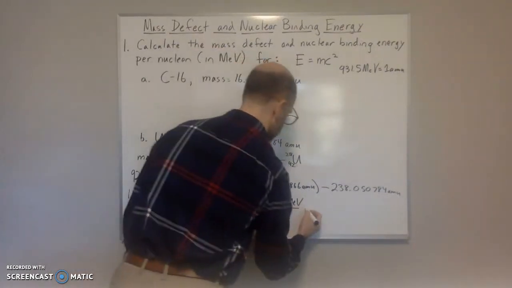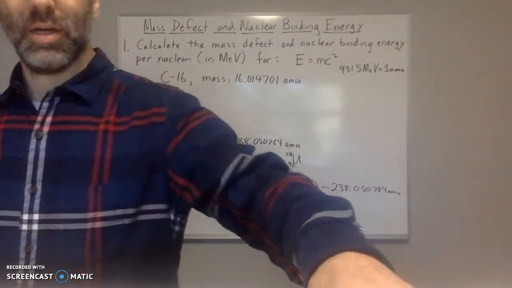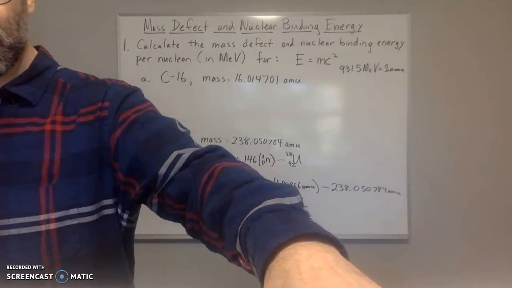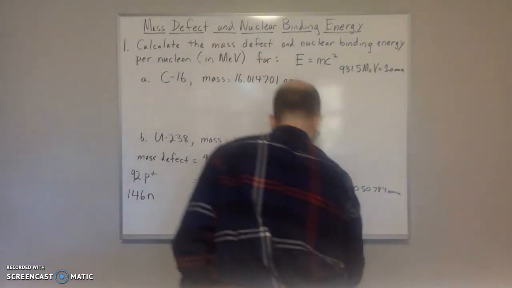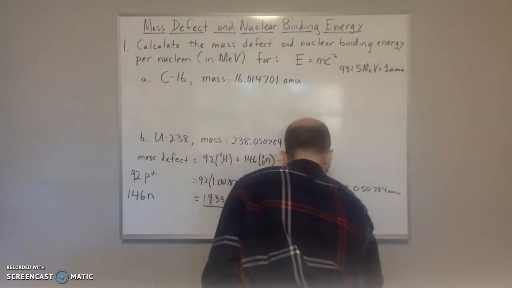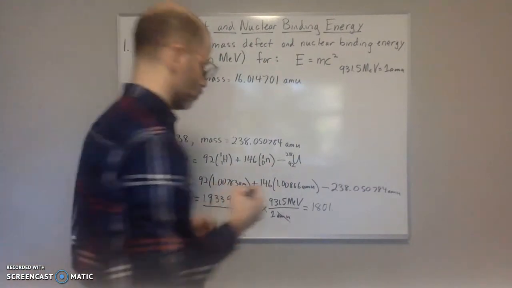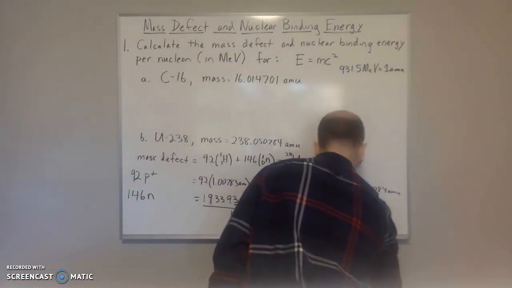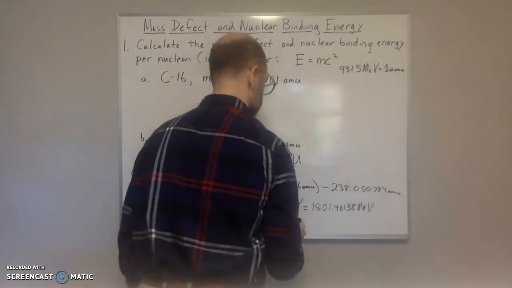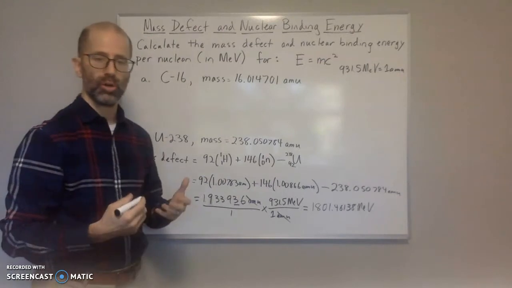AMUs cancel out, and we get 1801.46138 mega electron volts. Again, that's the total amount of energy, but we want the energy per nucleon.